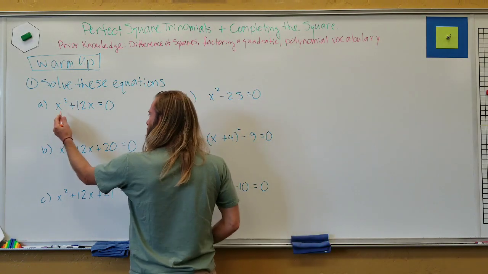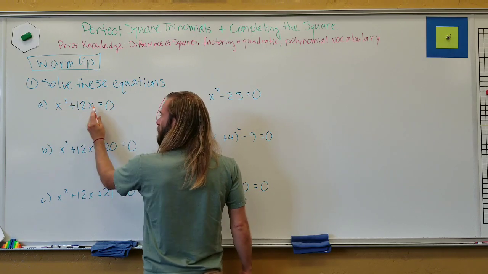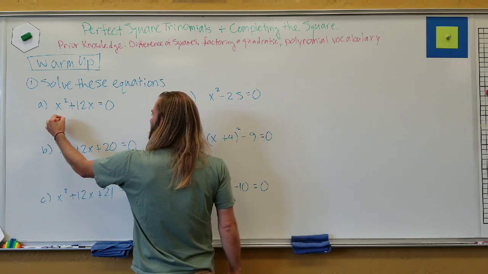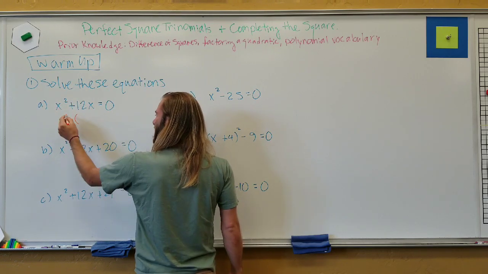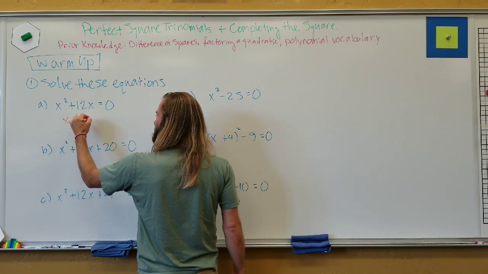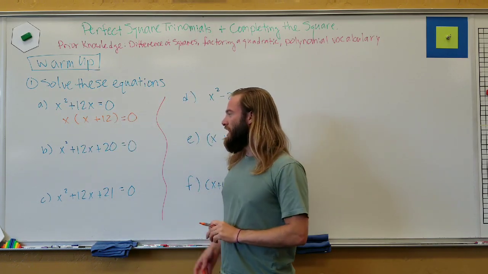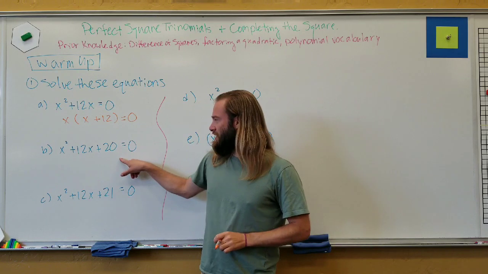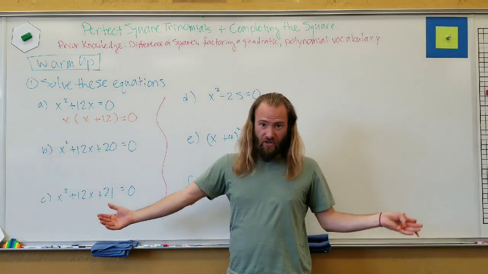Let's just remind ourselves. It might be easy for you to tell that 0 works for this one, but remember, if we factor it, in this case there's a common factor of x, so we have x times (x plus 12) equals 0. And remember, I can't do that for ones like this because there's not anything in common between all the terms.